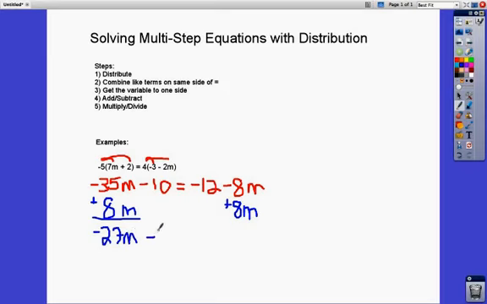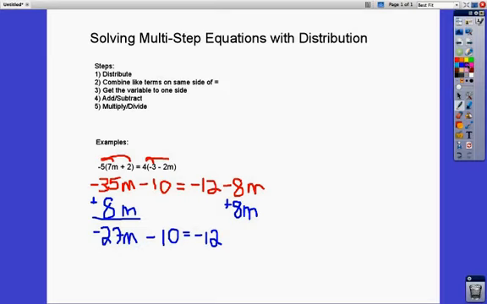And then we still have minus 10 equals negative 12. Okay, so that was step 3.